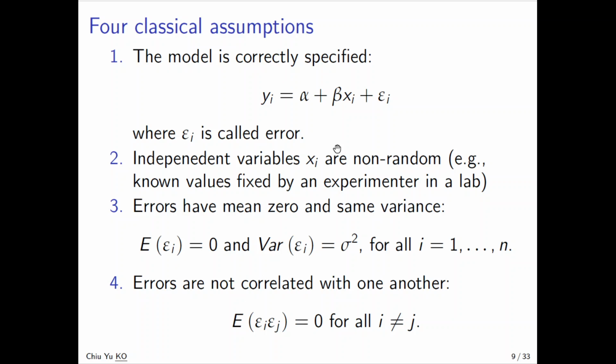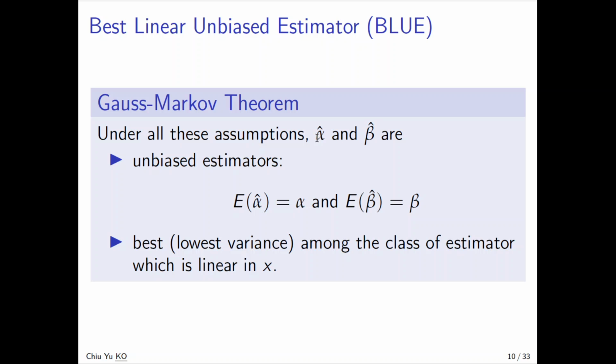If you accept these four assumptions about how x and y are generated, then the least squares estimator we derived in the previous video is an unbiased estimator, okay, and it has the lowest variance among the class of estimators that are linear and unbiased, okay.